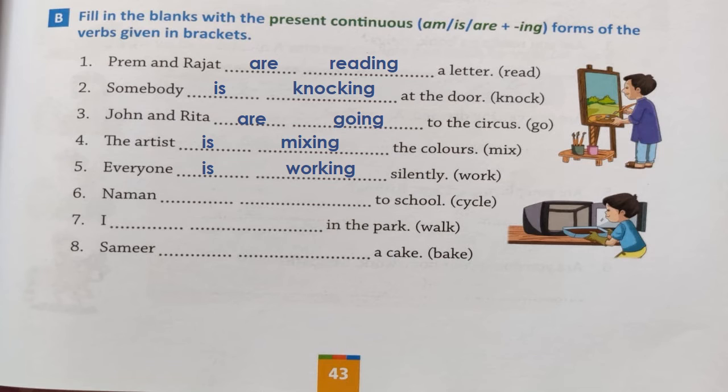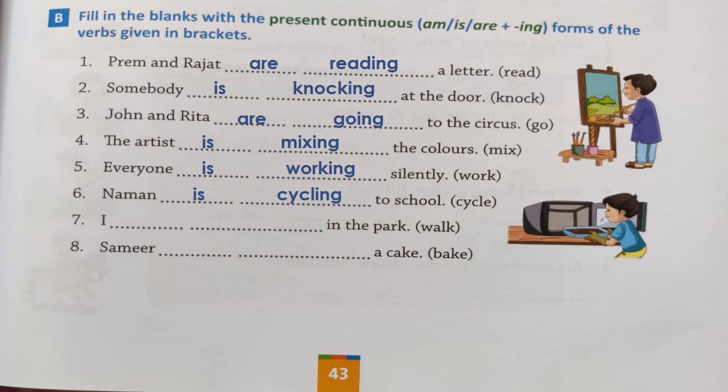Number 6, Naman. Singular, so we will write is, and cycle will become cycling. Now I told you before that whichever verb ends with E, you remove E and then you add ing. So cycling to school. Number 7, I. With I you use am, right?